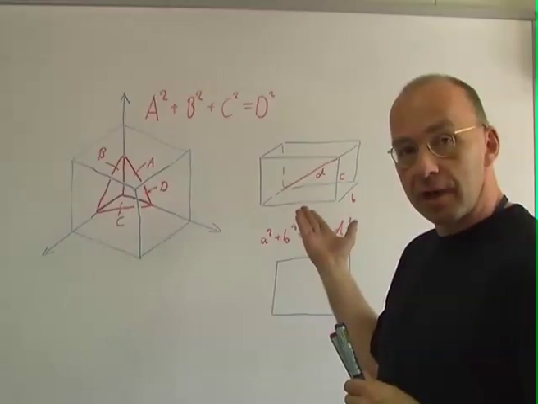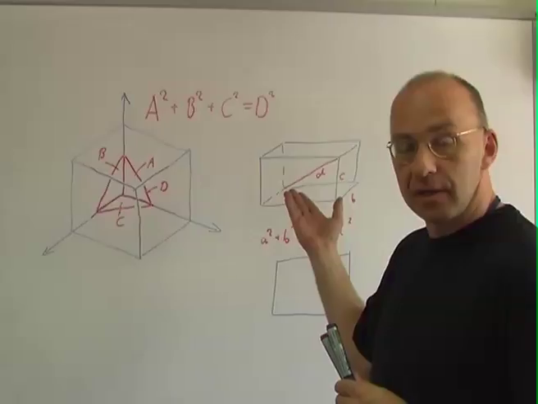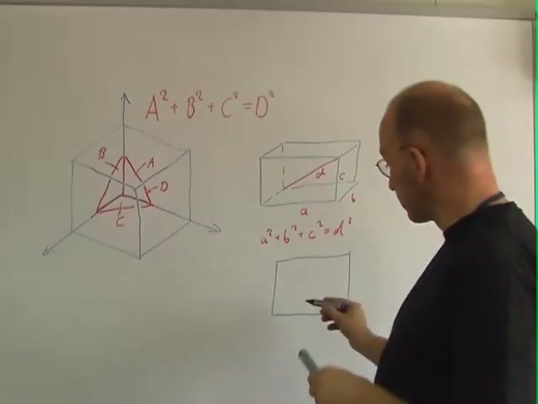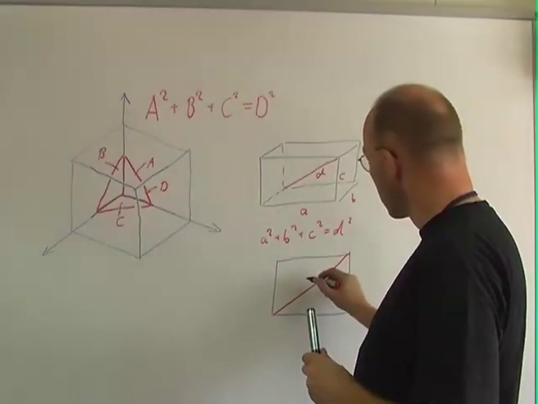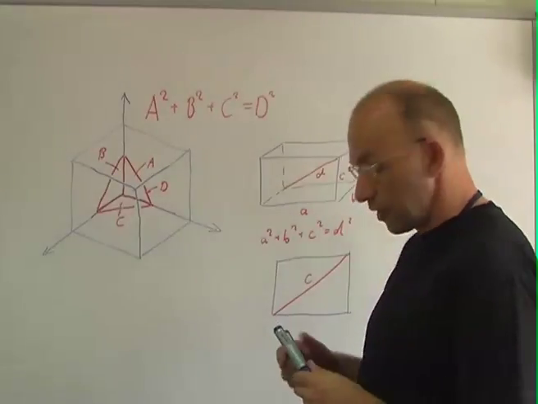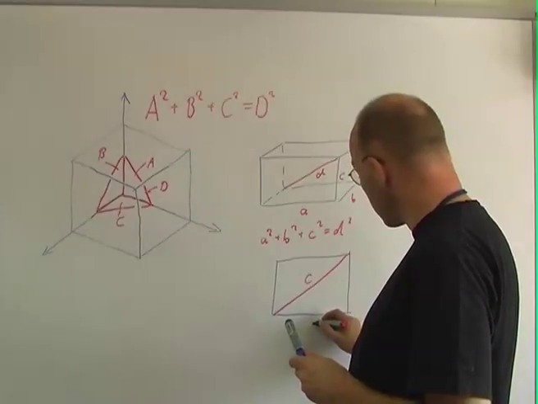Now, what other objects do we have up on top? We've got a diagonal of a brick on top. So what's the counterpart? The diagonal of the rectangle. There's the diagonal of the rectangle. Let's call that C. We've got three sides to this brick. We've only got two sides of the rectangle, so we've got A and B.